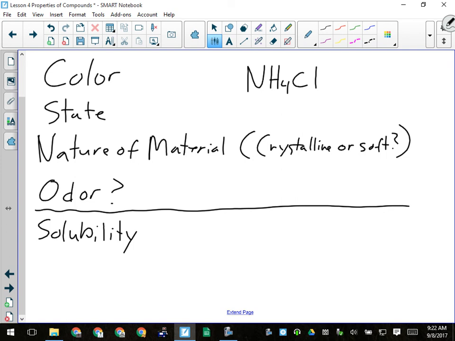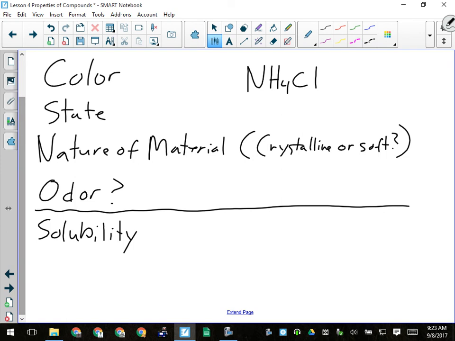When you pop that, the water gets out and it starts dissolving the ammonium chloride. Ammonium chloride just looks like small little crystals, shaped like a ball. They're small, off-white colored, ball-shaped crystals. All right, so that's solubility.